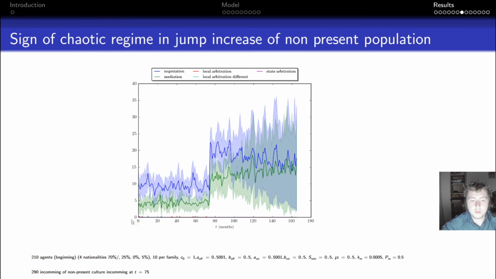In the system with the same parameters, but when we start with more preferable negotiation, we get a kind of sign of chaos, because here you see that the variance rises quadratically. It's a sign that there might be a chaotic regime in here, but we didn't investigate further.